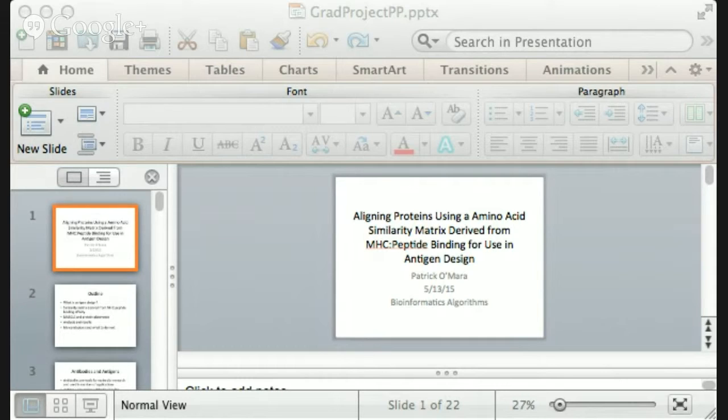So basically the similarity between these amino acids is measured by how they bind. So I thought this was very interesting, and I wanted to see if I could use this as the basis for protein alignment, and see what I could do for antigen design purposes. So the matrix and MUSCLE.